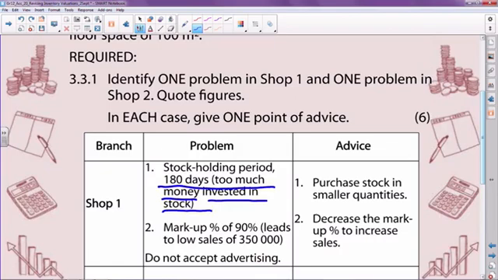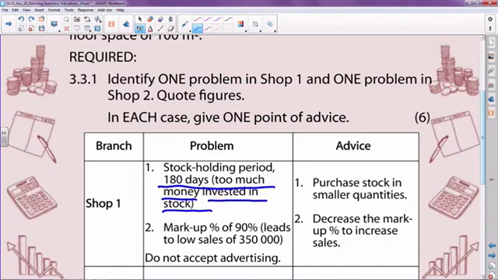Why? Because you are investing too much money in stock. That means you're keeping stock for 180 days. That's a long time, right? And obviously, by holding that stock, you've got money or cash that is tied up in that stock.